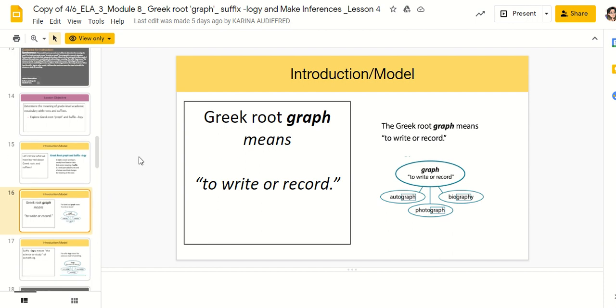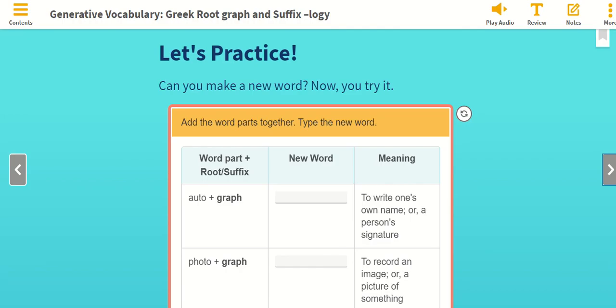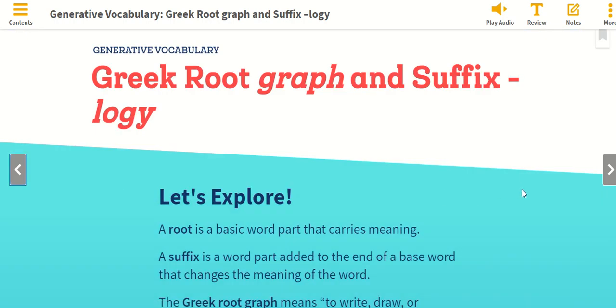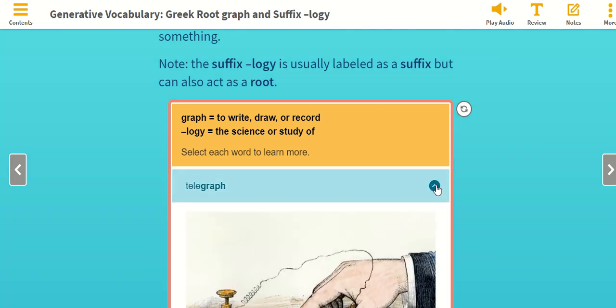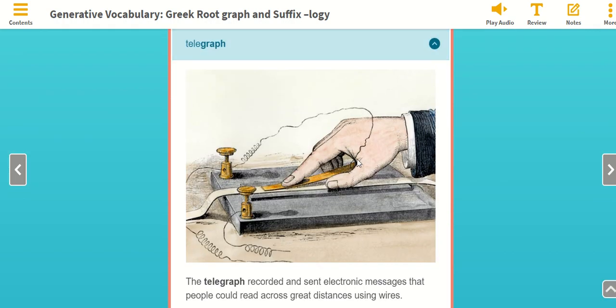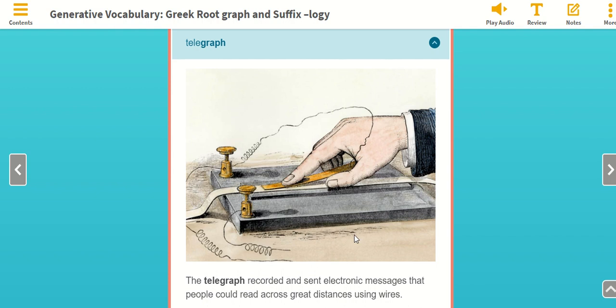So again, graph is to write, draw, or record, and logy is the science or study of. For example, let's look at telegraph. Here's a picture of the telegraph. The telegraph recorded and sent electronic messages that people could read across great distances using wires.